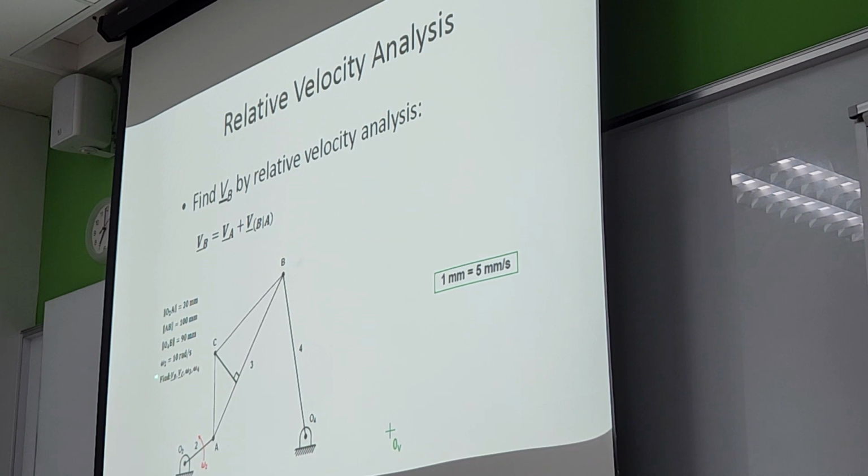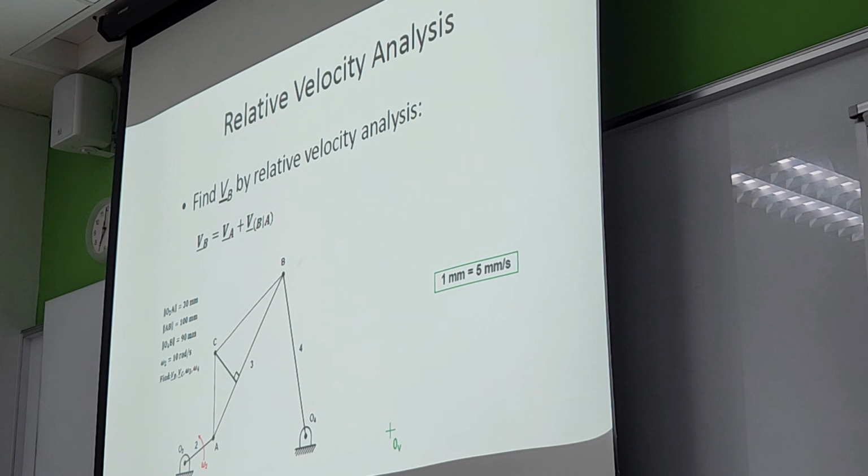So you can choose. Omega 2 is given as 10 radians per second, O2A is given as 30 mm. So what will be the magnitude of velocity A? So the magnitude will be 30 into 10, so you will get 300 mm per second. So what will be the direction of velocity A?